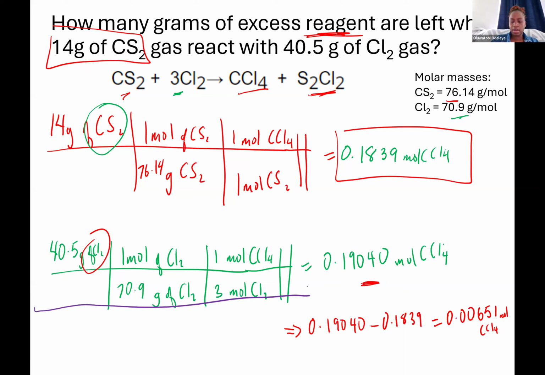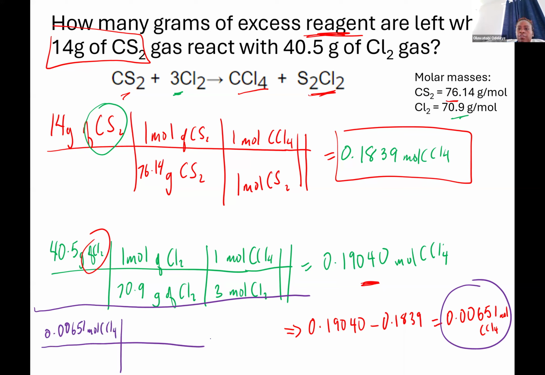To figure that out, I'm going to take my 0.00651 moles of CCl4, convert back to moles of chlorine using my mole ratio: for every 1 mole of CCl4, I have 3 moles of Cl2.